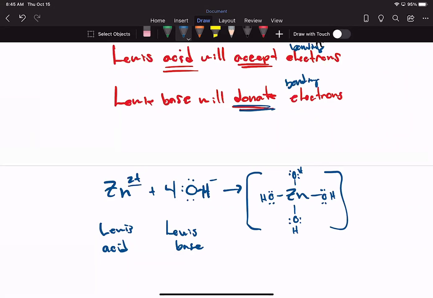Look at the charges: one zinc that's positive 2, and I have 4 hydroxides that are negative 4. So what's my overall charge for this? 2 negative. There we go. Thank you, Brenda. So it is 2 negative here.